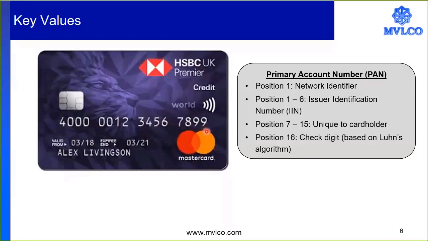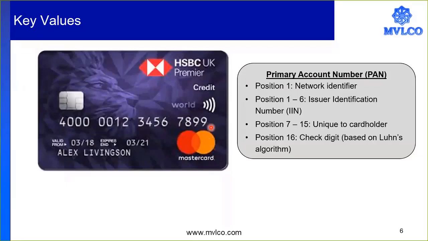At the same time, it will compare the computed value with the captured value of 9. If both of them match, then the machine would say that, okay, the card number is valid, or it will give you the message that your card number is valid. If the computed value and the read value do not match, it means that either the data was not read properly or not entered properly, which means that the card transaction cannot be processed further.